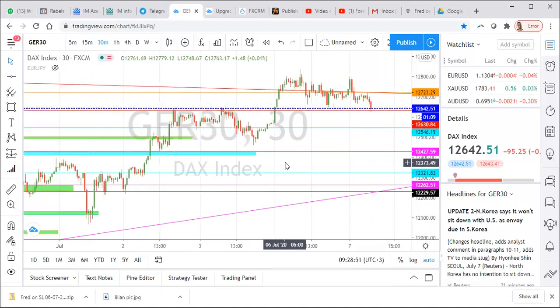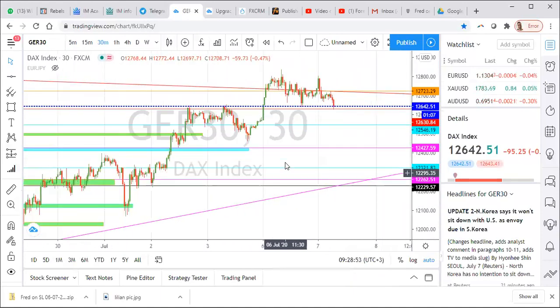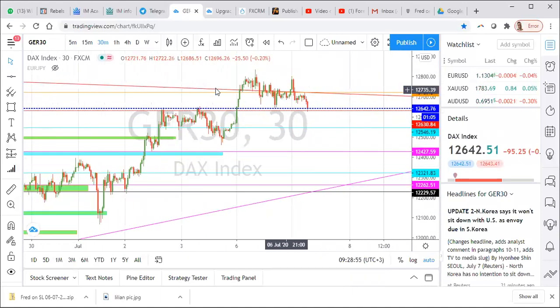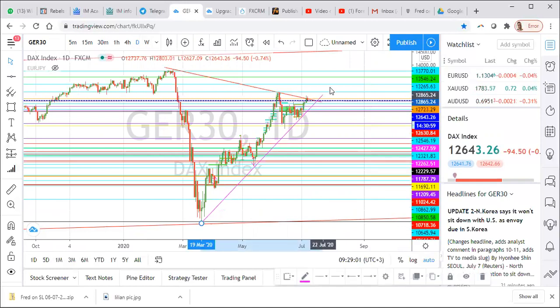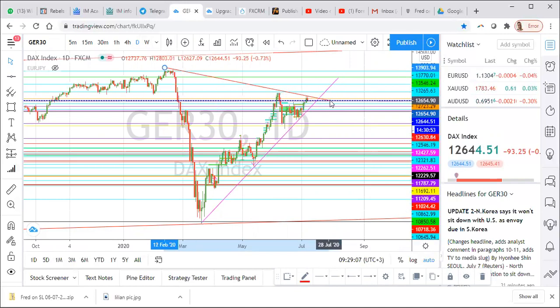So this is where we're at on German 30. It tried to break the high, as you can see. So we were very bullish last week, but I feel like we've now got some rejection of sorts, and that's what I was waiting for yesterday.